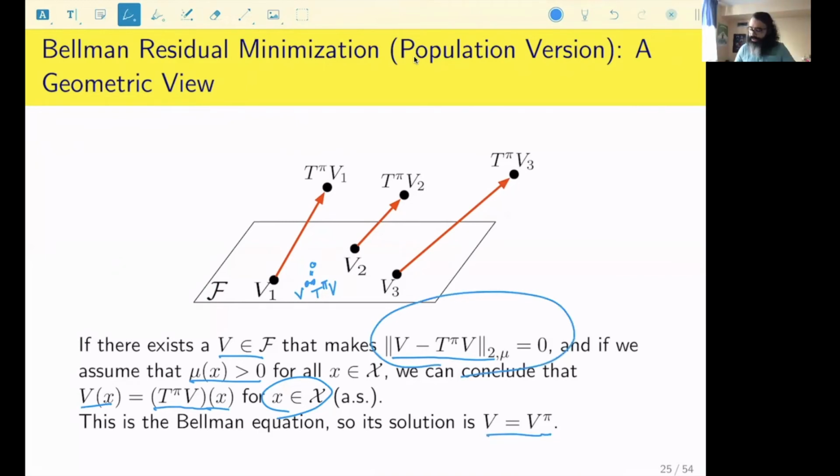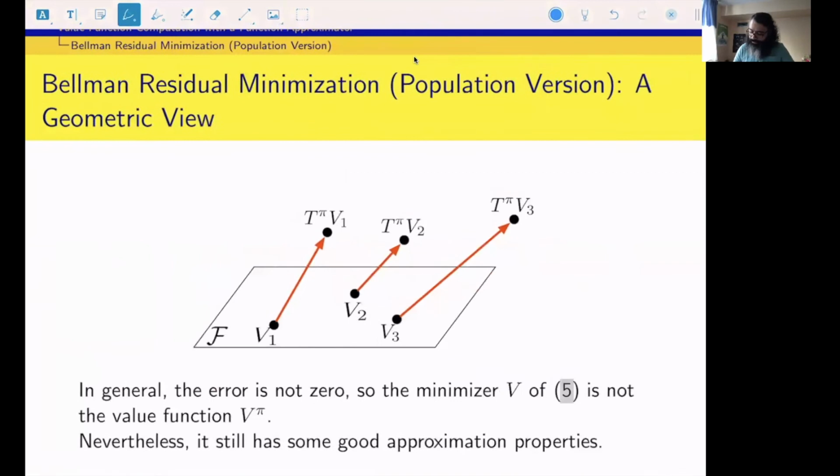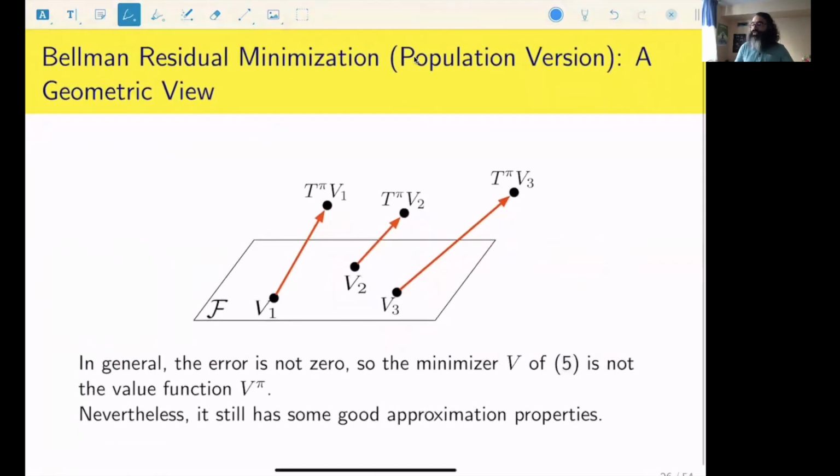In general, it is not. So in general, the error is not 0, so the minimizer we find is not the value function V pi. But it still has some nice approximation properties that I'm going to talk about. But before that, is there any question? Maybe ask here or in the chat, or is everything clear?